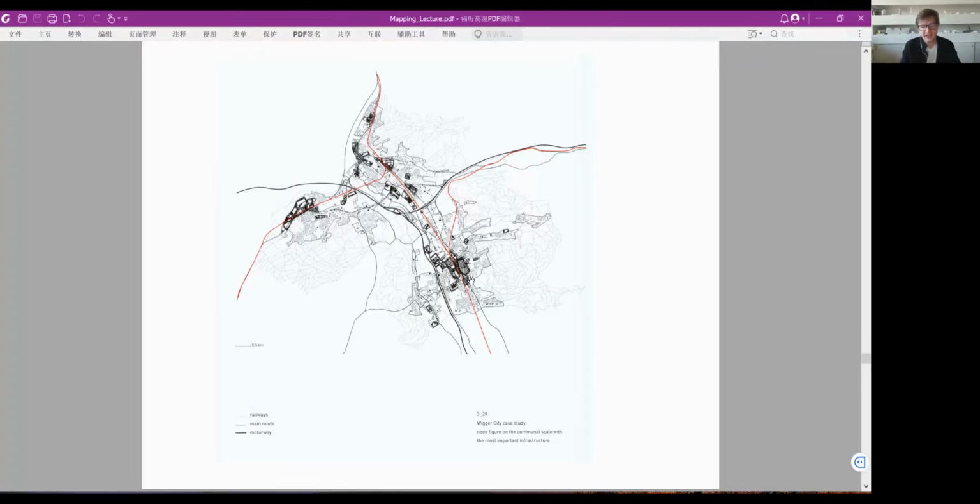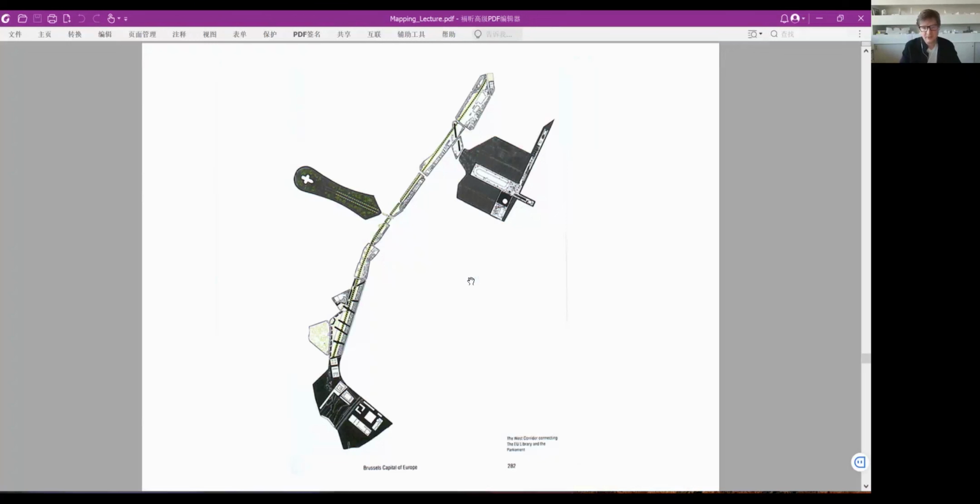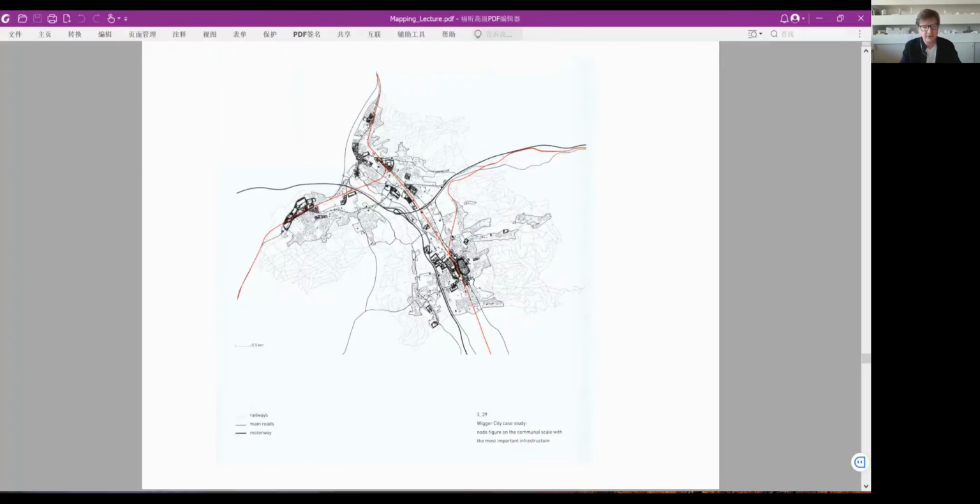It's a case study, and we want to understand the communal scale with the most important infrastructure: the railway, the main roads, and the motorway. Step by step, we're going to dive in so you understand the relationship between the larger flow and the smaller flow, in this case, study.